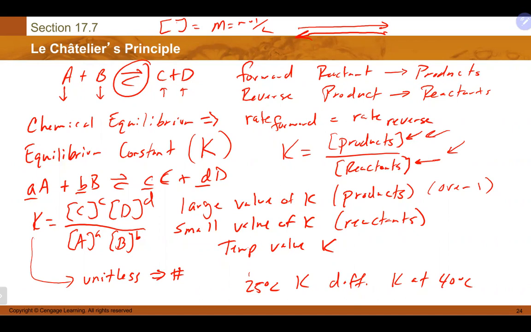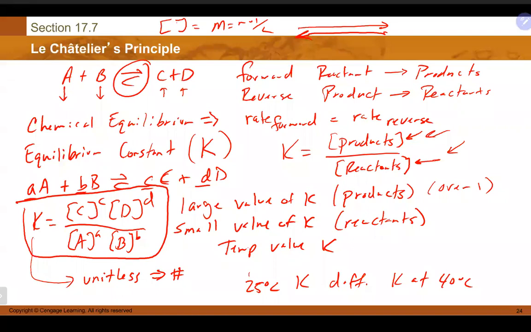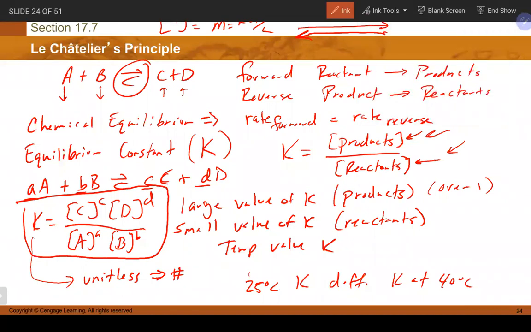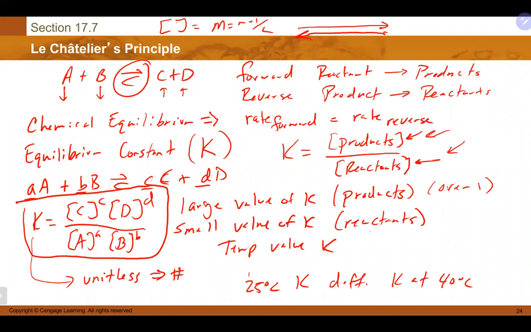Now, obviously, this is an equilibrium constant, which means if you had to do any of these calculations to figure out what K is, you would need the equilibrium concentrations to put in there. There are also a couple of things that we do not include when we calculate K. When we write the K expression, really the only things put in there are things that are aqueous and gas.